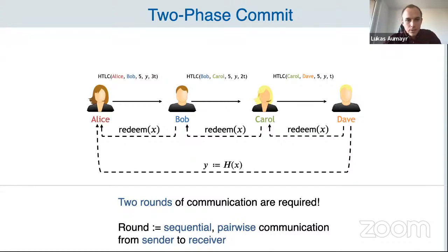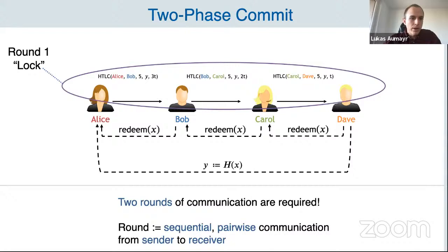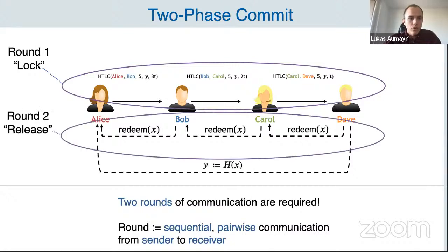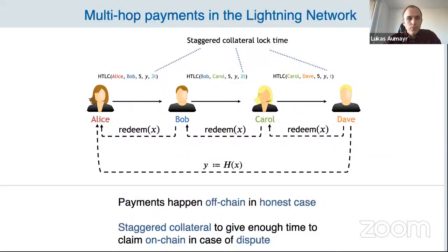And indeed, we can see that we require this round 1 in which we lock up the money, and then the round 2 in which we release the money again. And we also dub this the 2-phase commit scheme, because it is not unlike the 2-phase commit schemes that are used in distributed databases.